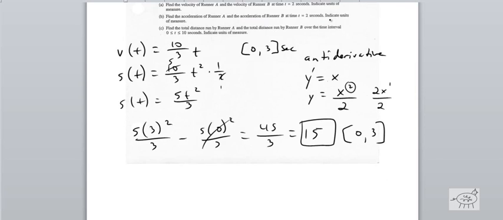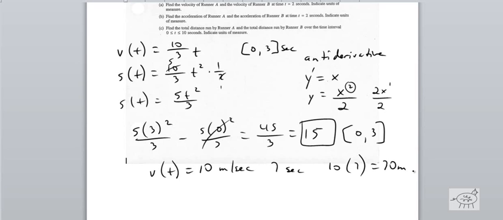So v of t equals 10 meters per second for 7 seconds. So do you guys agree? It's 10 times 7, so it's going to travel 70 meters in that amount of time.